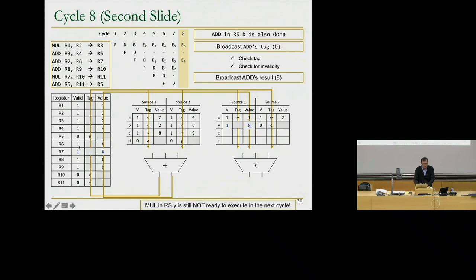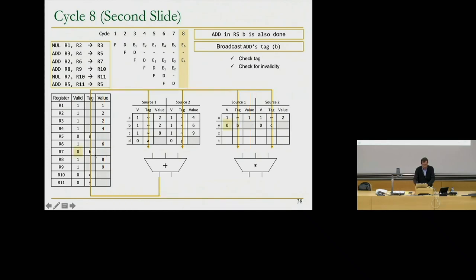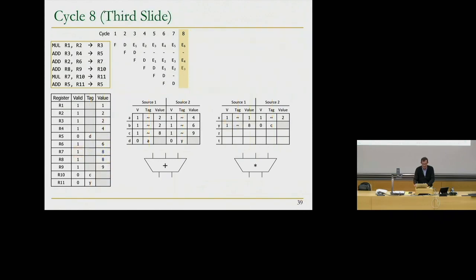So every location that's waiting for B, let me go back, that's waiting for B, and that's invalid, captures the value that's broadcast, and essentially they get 8. And now they can execute, right? And the third slide is basically other stuff happens in the same cycle.